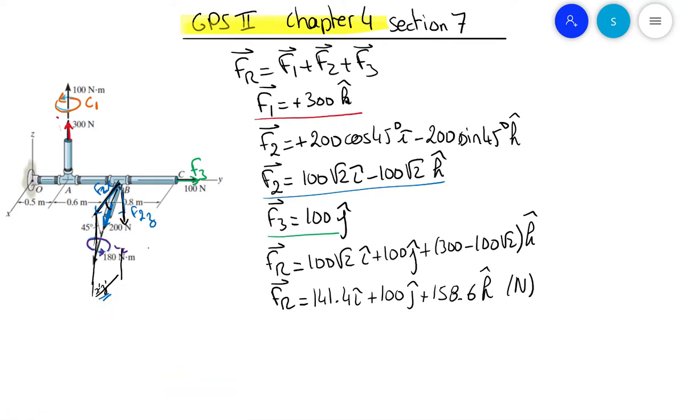What we found is that Fr is equal to 141.4 on I, 100 on J, and 158.6 on K. So finally the force Fr is this one.